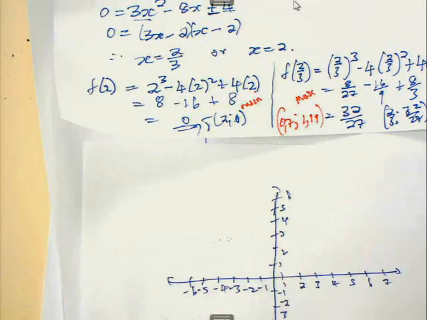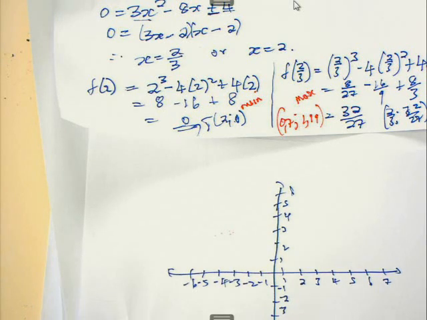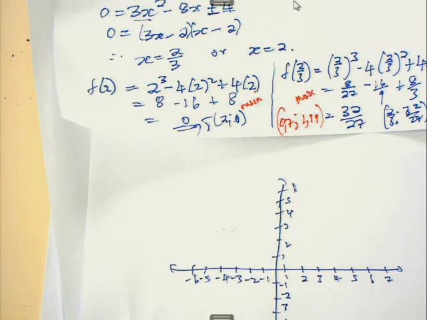Of course, you know that when you go to the right, x values are positive, and when you go to the left, they are negative. The same applies up and down: y is positive above the x-axis, and negative below the x-axis.